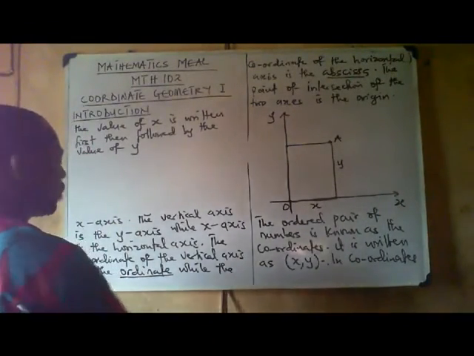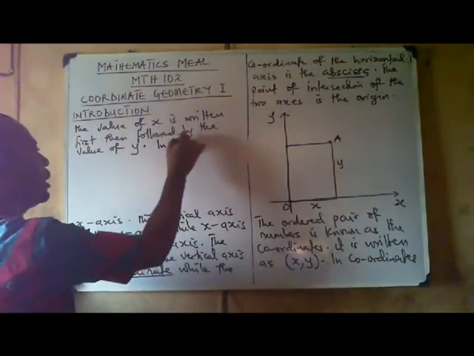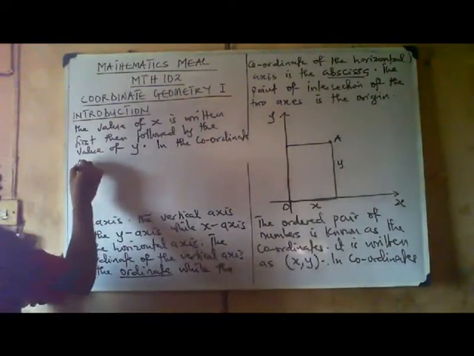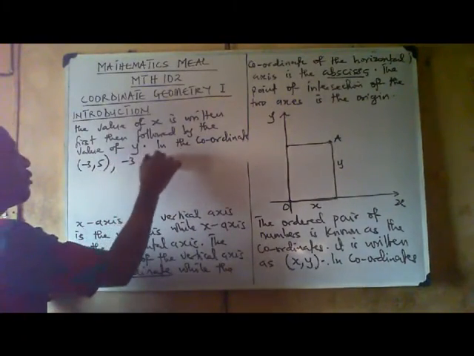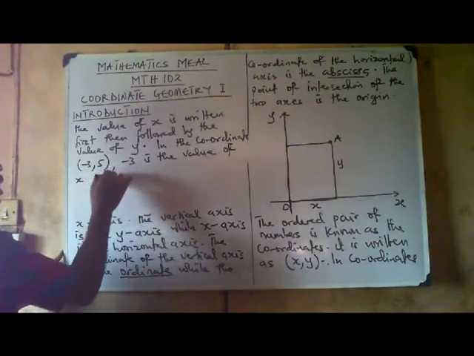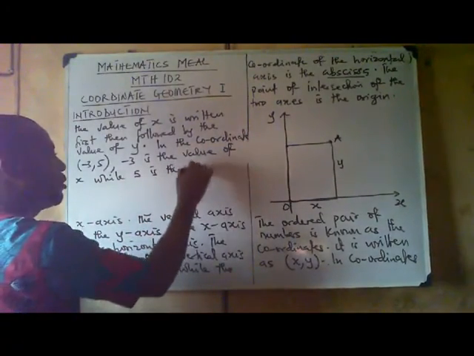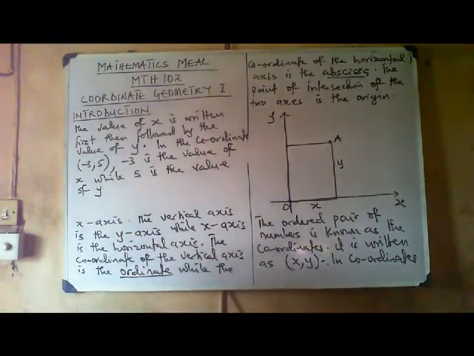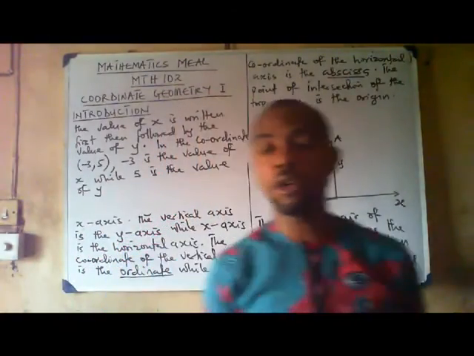Now, if we move on a little, in this coordinate (-3, 5), -3 is the value of x, and 5 is the value of y. So in representing coordinates, the abscissa will be written first before the what? The ordinate.